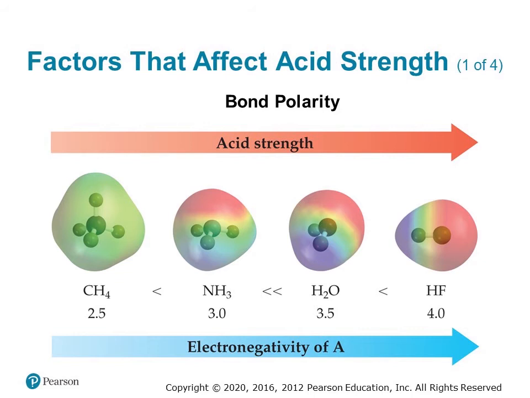Firstly, if we consider the relative strength of acids based on elements in the same row of the periodic table, so here, for instance, we see the compounds formed between the second row elements carbon, nitrogen, oxygen, and fluorine with hydrogen, the trend is determined by the electronegativity of the element to which hydrogen is bonded. Hence, HF is the strongest of these acids on the basis that fluorine is more electronegative than carbon, nitrogen, or oxygen. Water is the second strongest, since oxygen is the second most electronegative of these four elements, and so on.